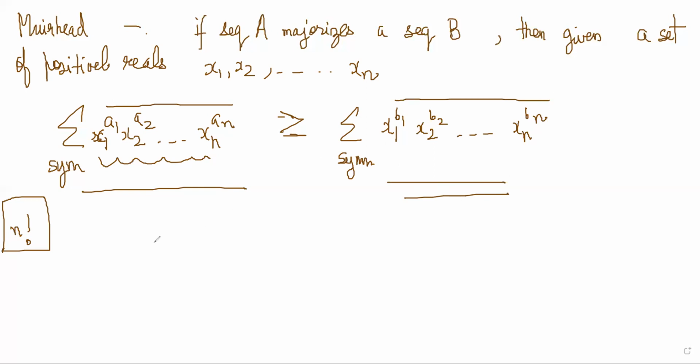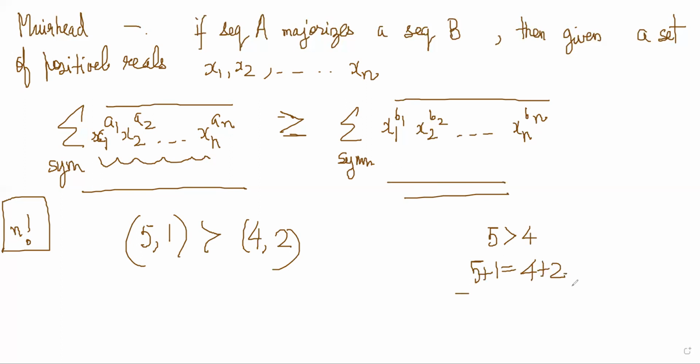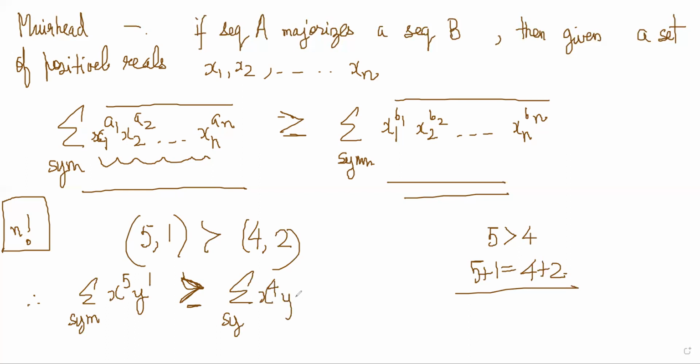So for example, we have already seen 5, 1 is majorizing 4, 2, right? Because 5 is greater than 4 and 5 plus 1 is equal to 4 plus 2, right? Therefore, we can say that the symmetric sum of x power 5 y power 1 will be greater than or equal to the symmetric sum of x power 4 y square.